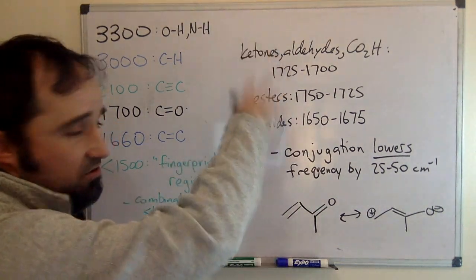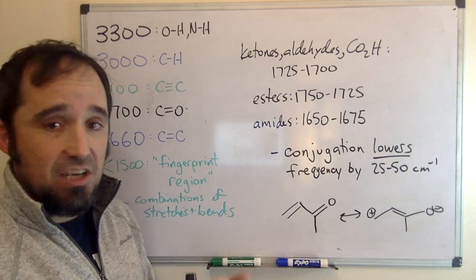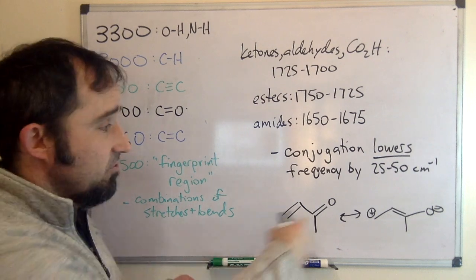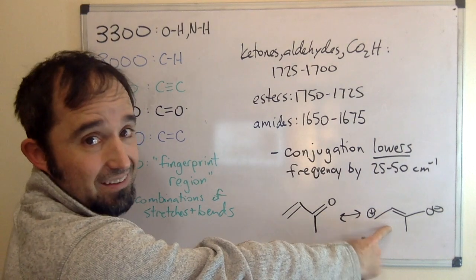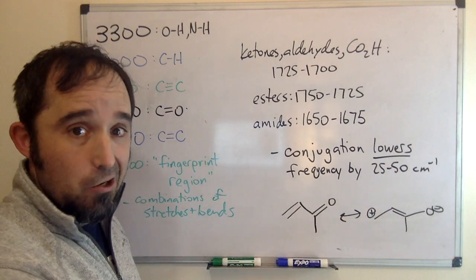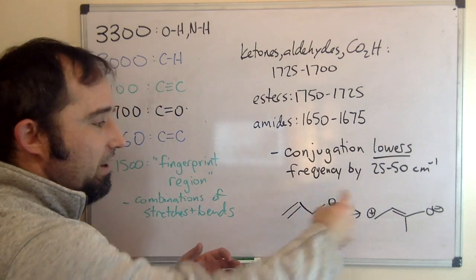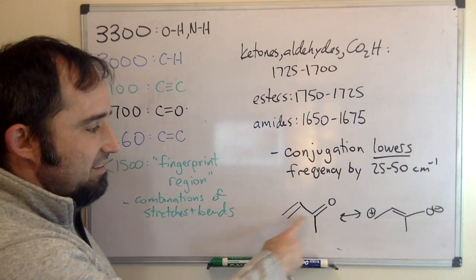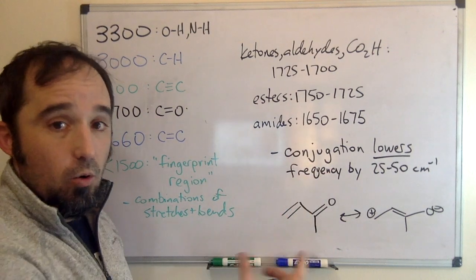And that's for ketones, esters, for all of these, and for the alkenes, right? So conjugation is going to lower these frequencies. Why? Well, because we're building in some of this resonance structure character where there's not really a pi bond there, right? So by spreading out electrons, we make this less of a double bond, and so we have a lower frequency.